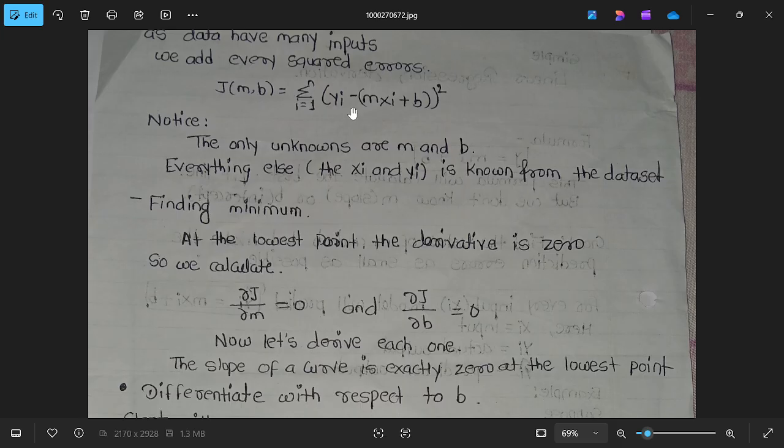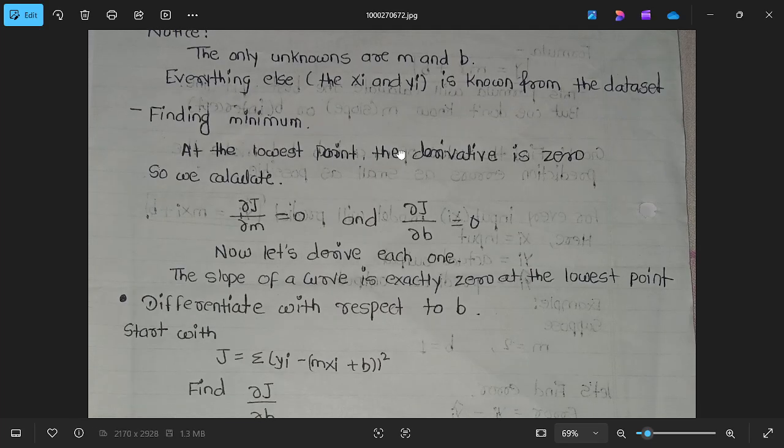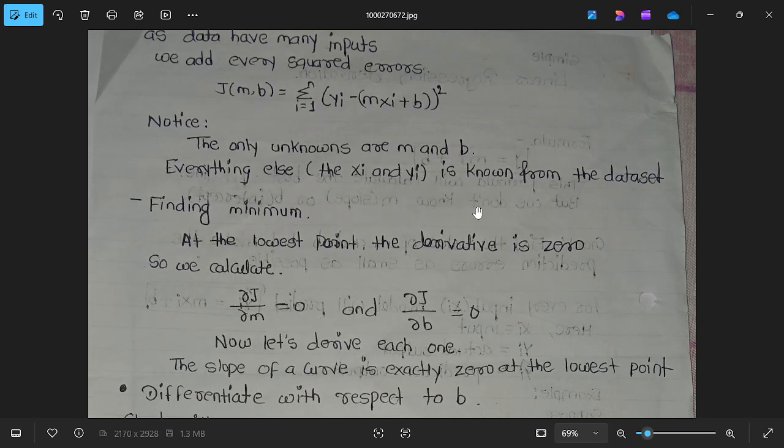So in this function we know all the things, but we don't know the m and the b itself. Okay, so we have to find the minimum, the lowest point, where our derivation starts. What we have to do here is derive the loss function, that is J, with respect to m, and also derive J with respect to b.